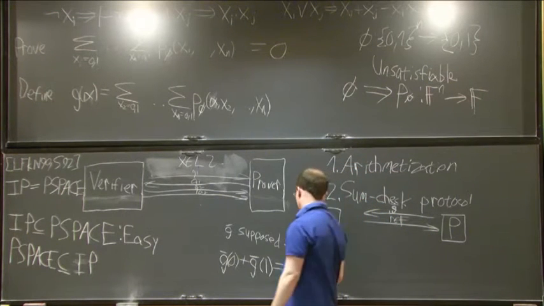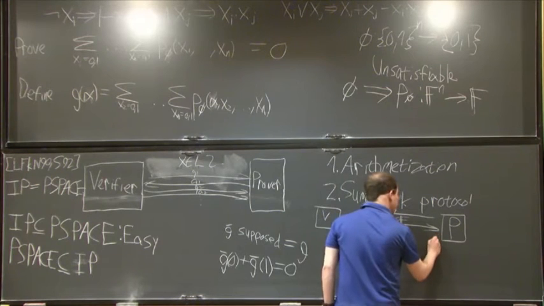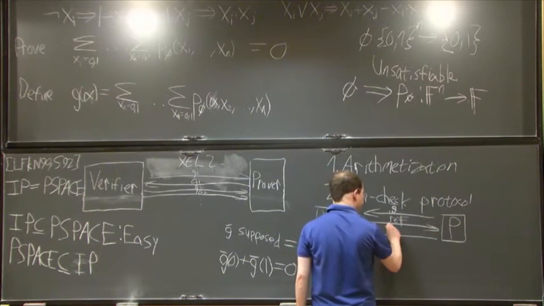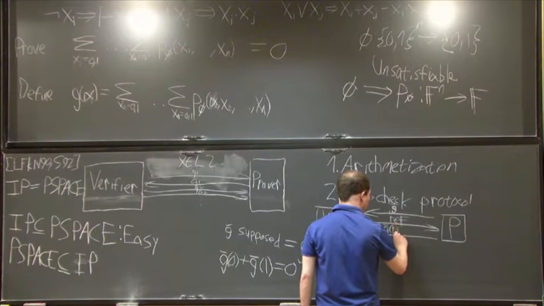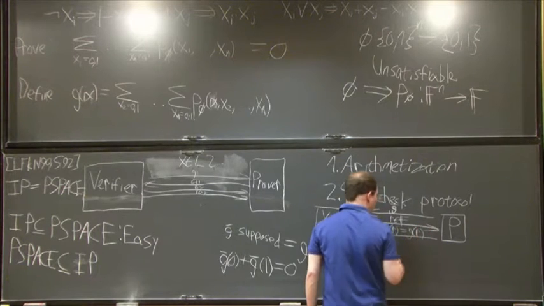And now the prover is supposed to prove that g bar on r equals g on r.